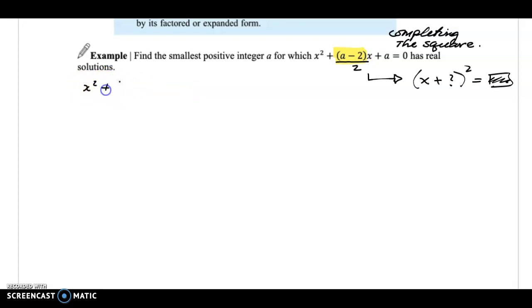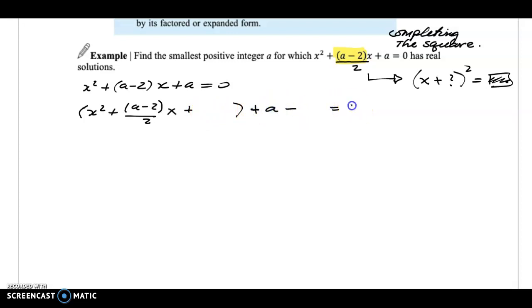So what I'm going to do is rewrite the expression. We have x squared minus 2x plus a equals 0. What we need is the first part squared, with the coefficient halved. So I write x plus (a minus 2) divided by 2, close the bracket, but whatever goes in here, I have to subtract it on the outside as well, so that they balance out. So a minus something is equal to 0.